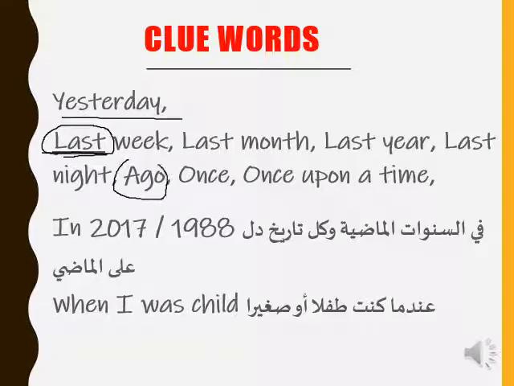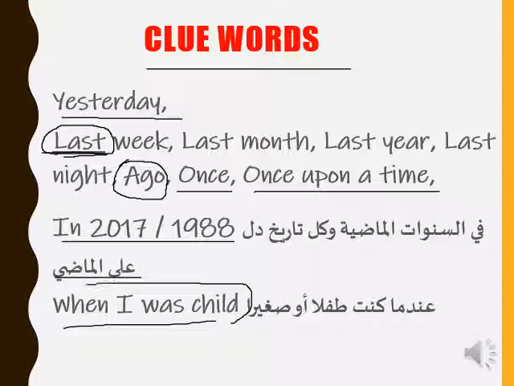Ago, once upon a time فيما مضى. هذه الكلمات في الجمل تدل على الماضي. In 2017, in 1988 بنتكلم في سنة كذا فأيضا تدل على الماضي. When I was a child بنشوف هذه العبارة so this is past tense.